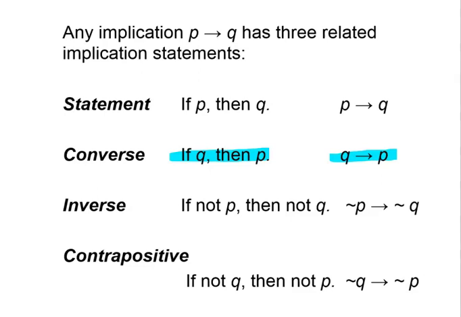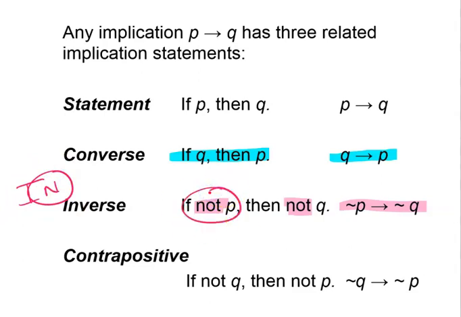Now, inverse is the negation. So notice with the inverse, I'm going to change my highlighter color, the order, P then Q, stays down here, P then Q, but you negate both of them. So if not P, then not Q gives you this. Now, I had a clever student one time tell me to help her remember this, the inverse one has an N in it, and a negation has an N in it.